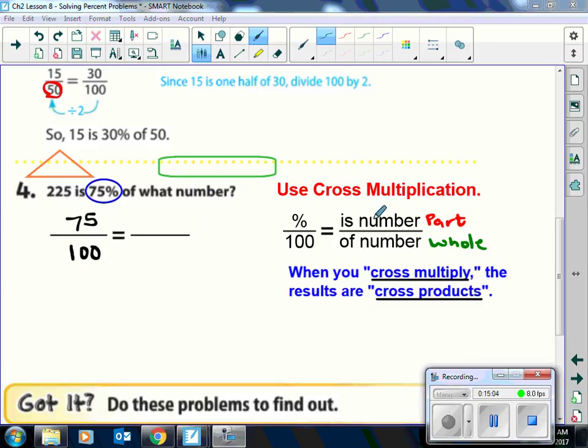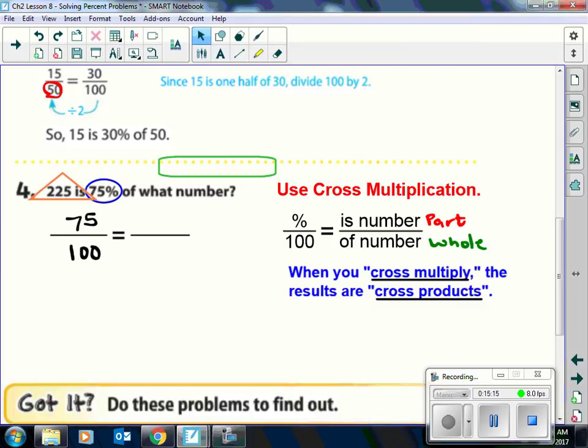So now we want to look for the is number and the of number. You see where it says is right there? So 225 is, that's the is number, 225. And of course 225 is the part, right? So the part goes in the numerator. So that's 225.